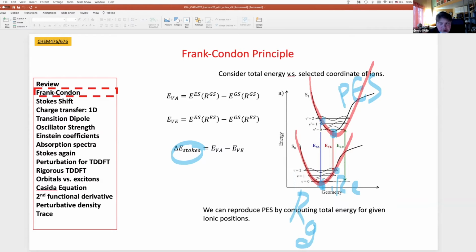So on the left panel, we have the list of concepts that I will cover in today's and coming lectures.